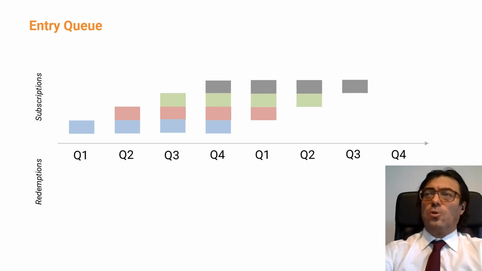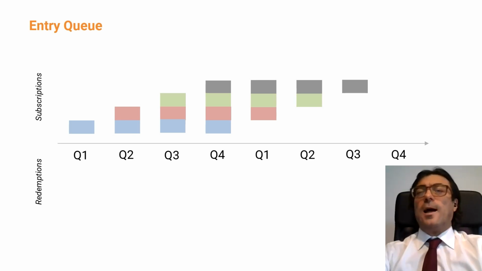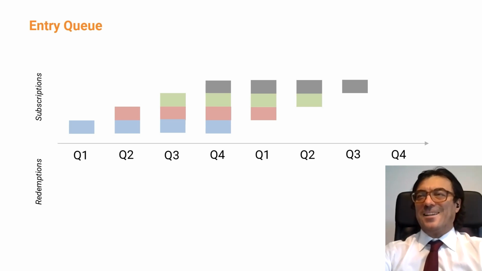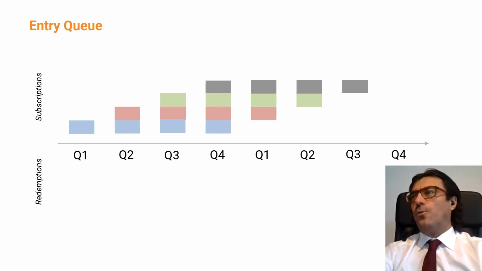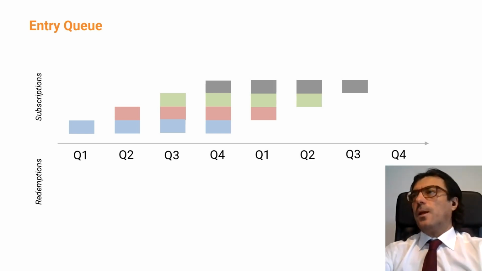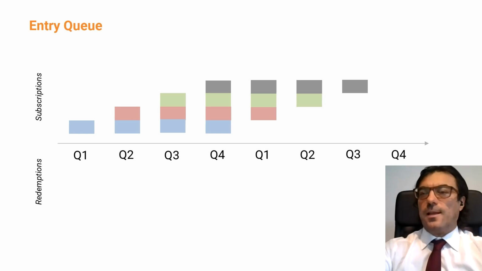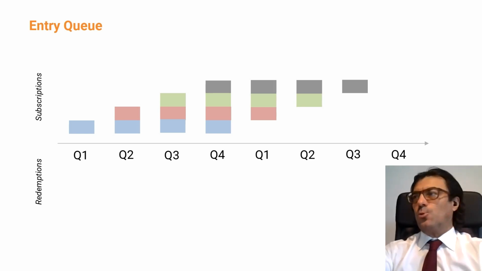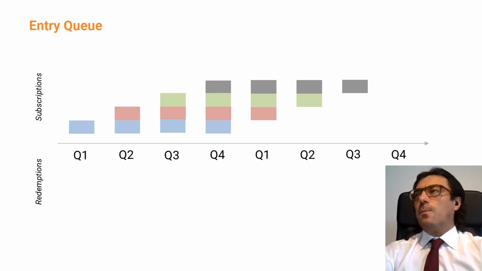Here, the fund is going to call the investors who were after the blue tag. They had the red ticket and they are invested, and so forth. In the third quarter, the green investors will be called, and in the fourth quarter, the black investors will be called. So everybody will be invested by the fourth quarter of the following year.